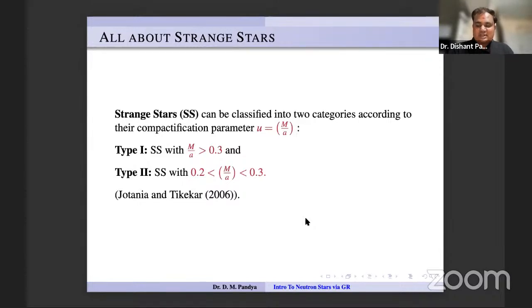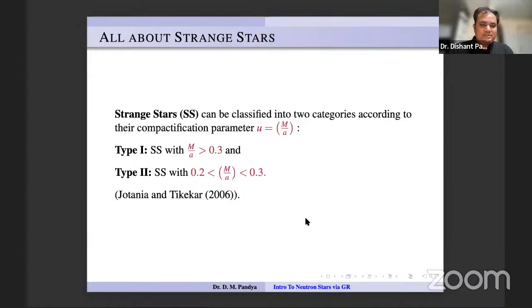Now see, when you start studying any research paper, you might come across this terminology called compactification parameter. The compactification parameter u is given by this ratio, mass to the radius of the star. If this ratio is greater than 0.3, then it is called type 1.